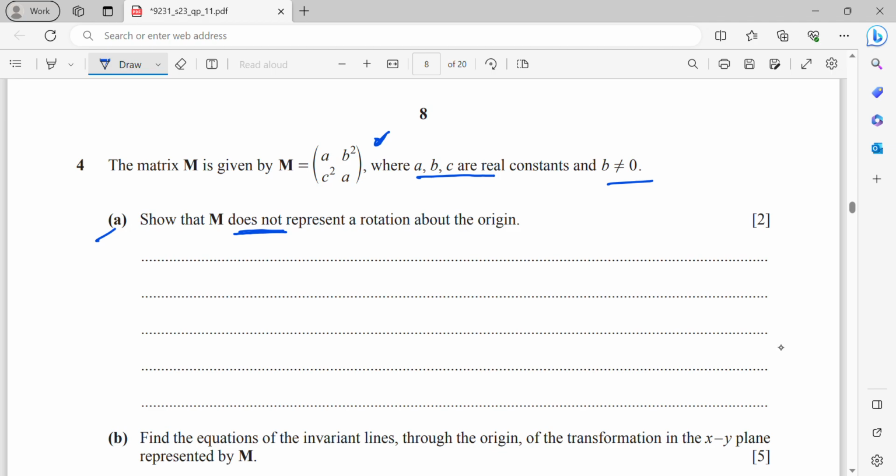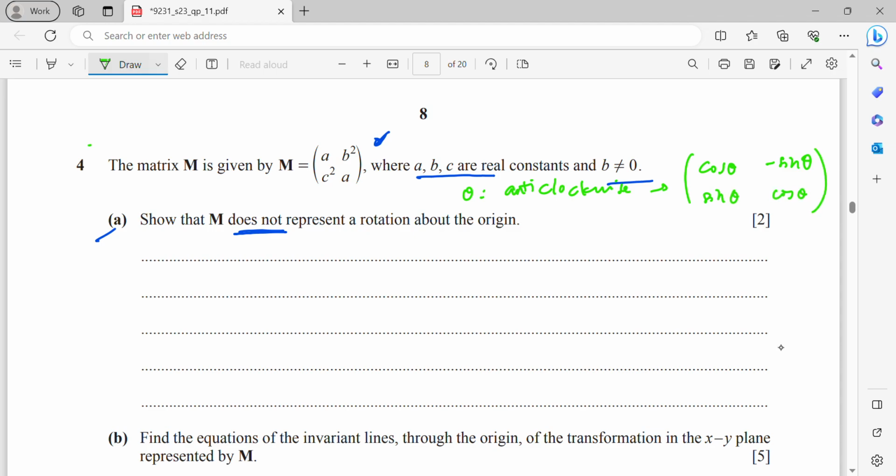Okay, so just for your information, if it is a rotation about origin, let's say anti-clockwise, and the angle is theta, then we will be getting this form: cos theta, negative sine theta for the first row, sine theta, cos theta for the second row.